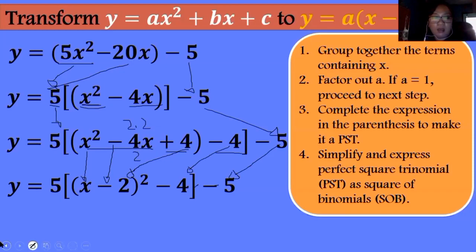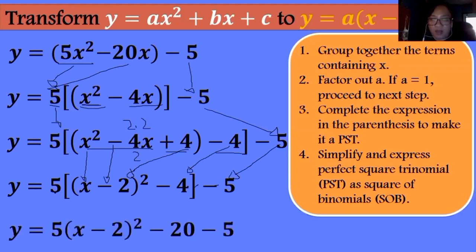Next step, distribute 5. So we can remove the bracket. We have to multiply 5 to the square of x minus 2 and 5 times negative 4. If you multiply 5 to the square of the quantity x minus 2, the answer is this. And 5 times negative 4 is negative 20.